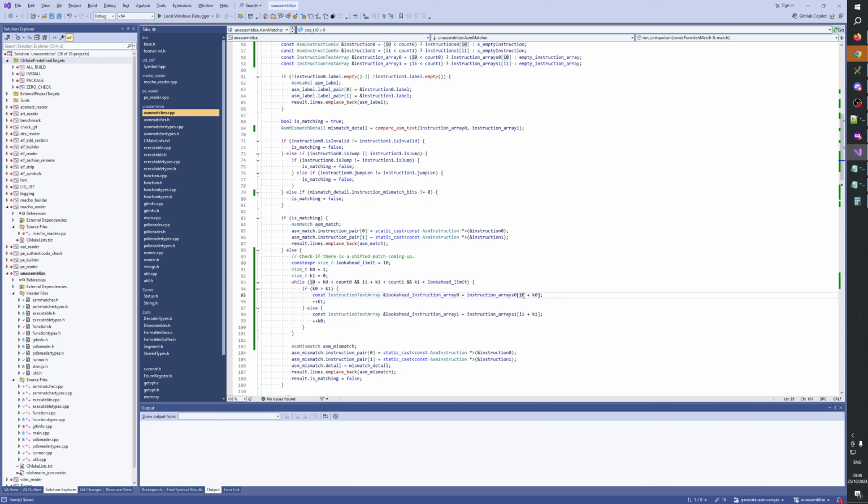So I0 plus K0. In this case, it would be I0 plus 1 on the first iteration. And then it does K1 plus plus. So on the next time, K1 will be 1 and K0 will be 1, so it will enter this branch here. And then it will do it for the other side. Okay, so now we need to compare.